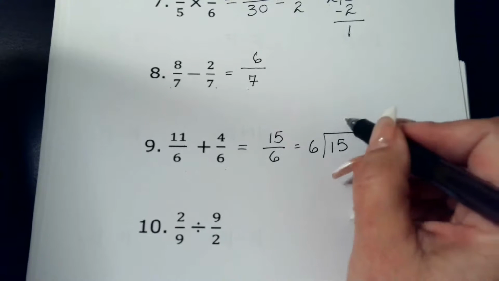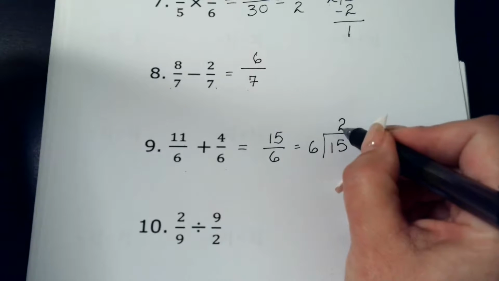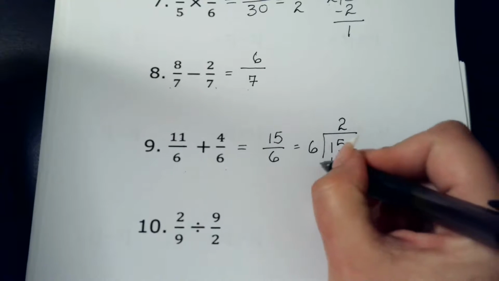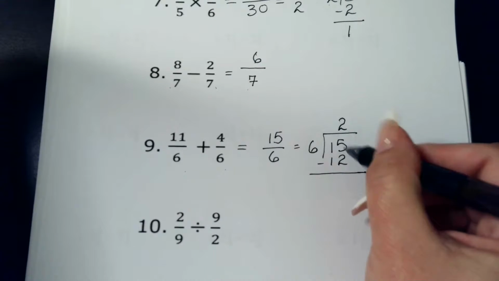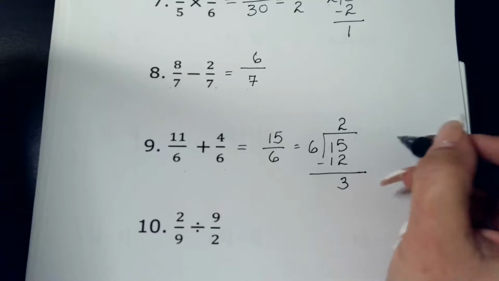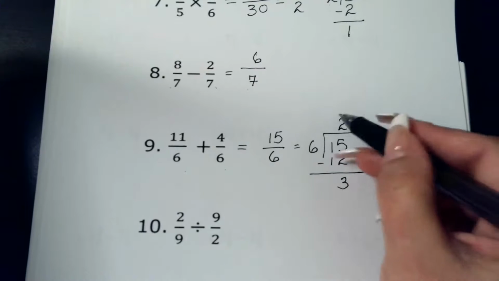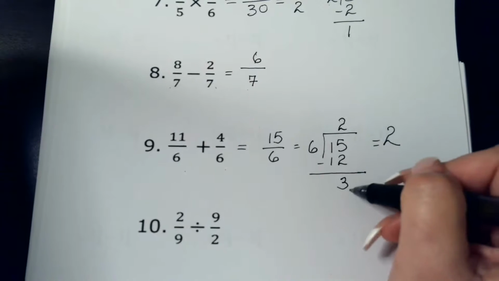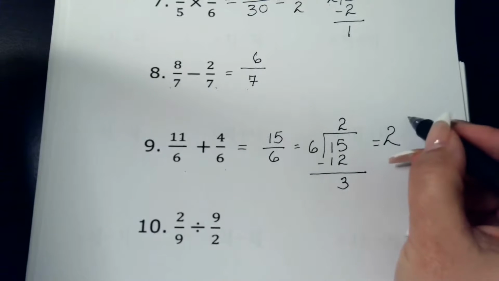6 goes into 15 2 times. 6 times 2 is 12. And 15 minus 12 gives us a remainder of 3. So our answer is 2 whole pieces and 3 of a possible 6.